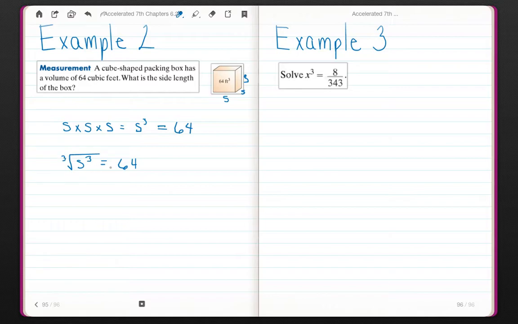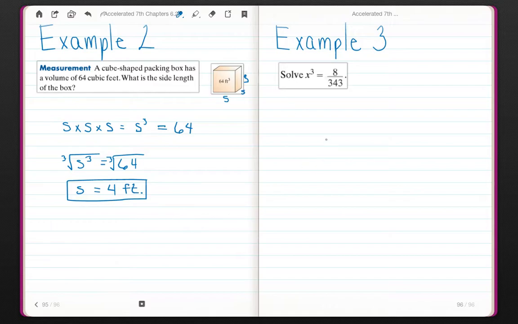I want the cube root of both. So my side is equal to 4 feet. It's a pretty big box. 4 feet by 4 feet by 4 feet. But one side will measure 4 feet. Each side will measure 4 feet because it's a cube and all of the sides are the same length.